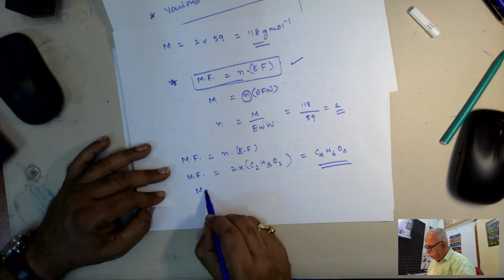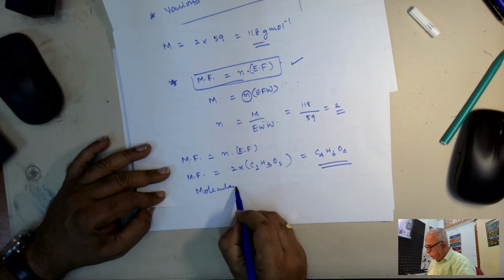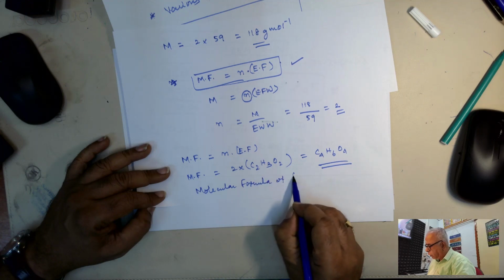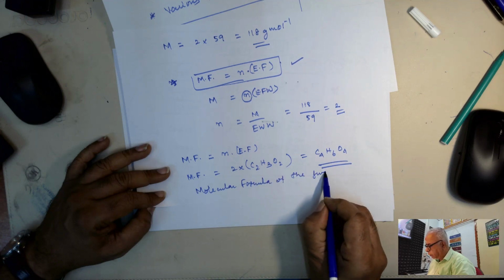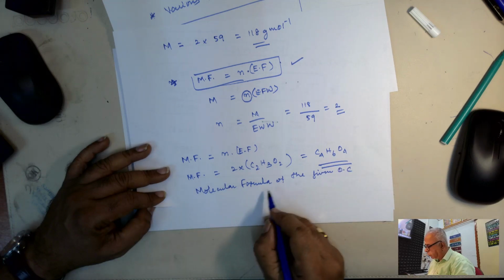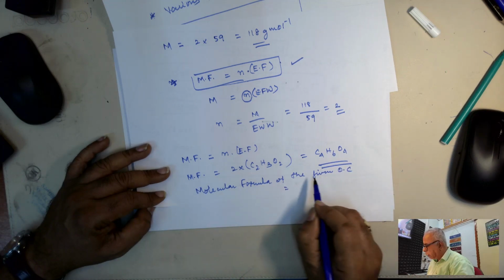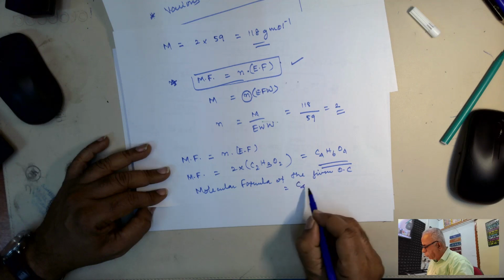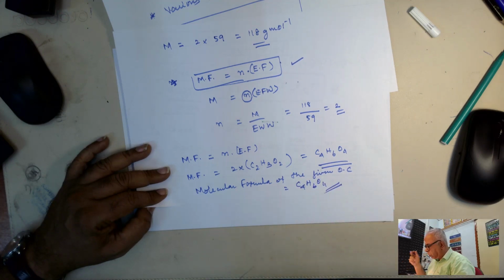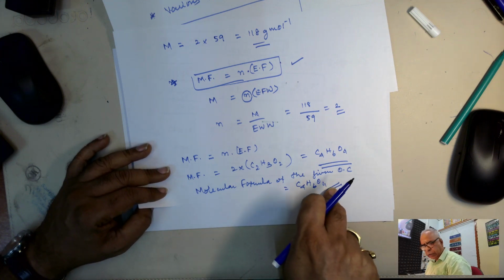So the molecular formula of the given organic compound, based on the percentage of carbon, hydrogen, and oxygen, is found to be C4H6O4. In order to verify your answer, you can work out the molecular weight of this one.